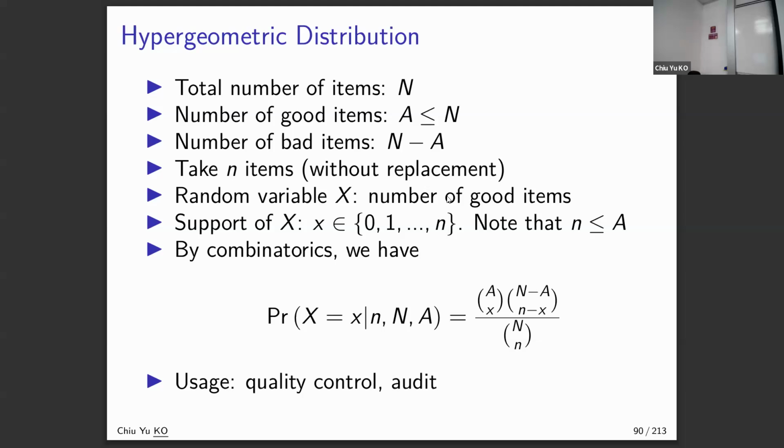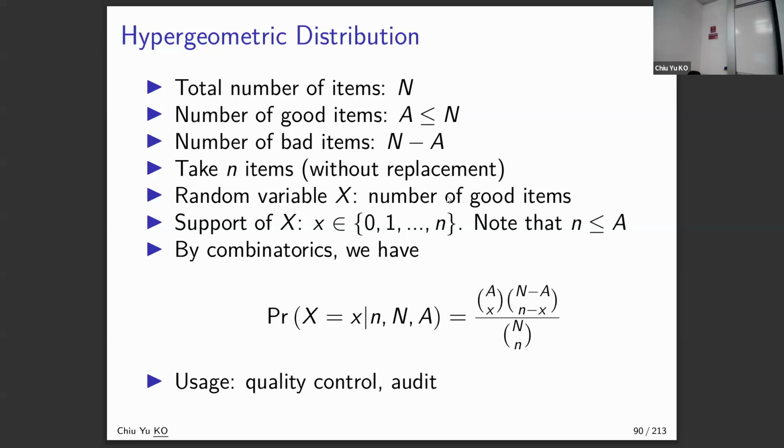The question is, if I close my eyes and draw small n out of this big N, how many x of them come from the good items? Because it's binary, x is good and n minus x is not good.